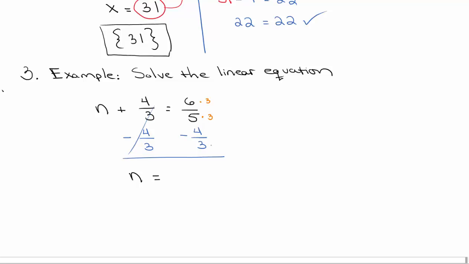We're going to multiply the top fraction by 3 in the numerator and denominator, and the bottom fraction by 5 in the numerator and denominator, which will result in 18/15 minus 20/15. So my solution is going to be -2/15, and I'm going to write that as a solution set.